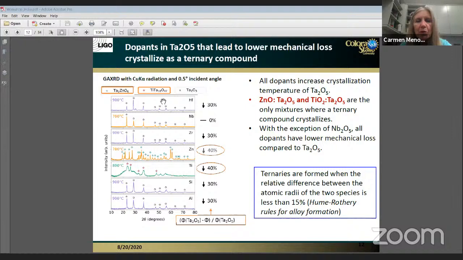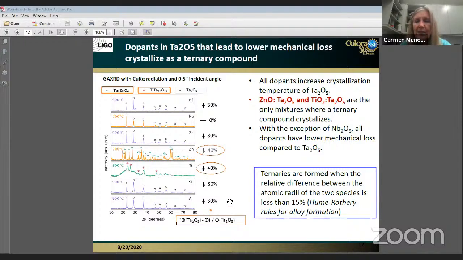So for example, here we are seeing that in all cases, because tantalum pentoxide is the majority of the material, we have about 20% of the dopants in tantalum pentoxide, then tantalum pentoxide will crystallize at high temperature.